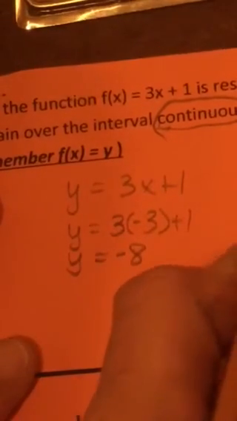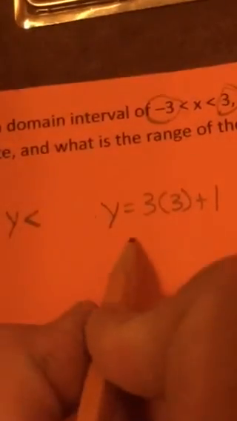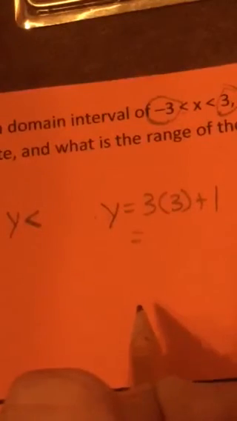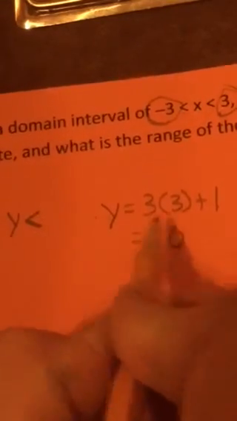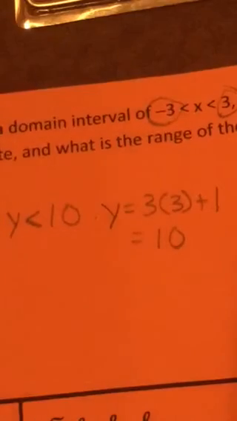That's equal, 3 times -3 is -9, plus 1 is -8. So this is at -8. So that's your left-hand side. And then when x is 3, y is equal to 3 times 3 plus 1, that is going to equal, well, 3 times 3 is 9, plus 1 gives me 10. So on the other side, boom, it's 10.